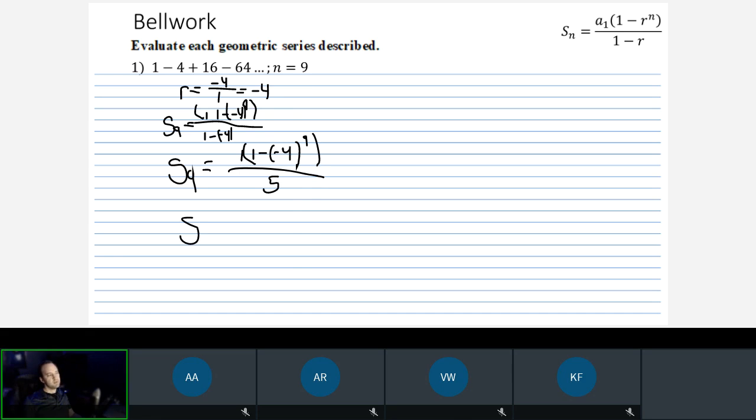Good. And that's how I would do it too. I would just do that little step so you're typing less in your denominator, and it makes typing it a little easier.